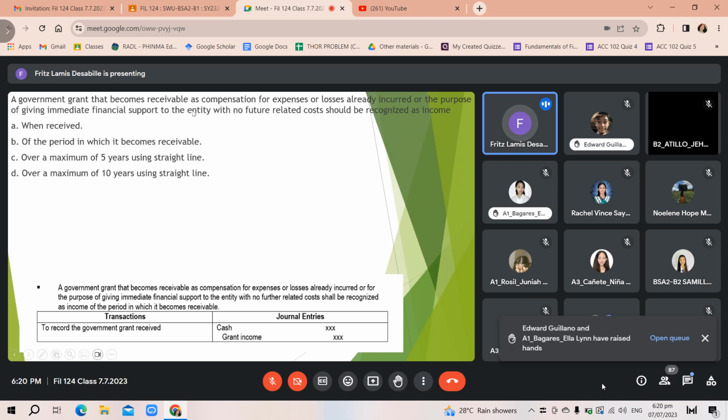So we have to recognize the grant income on the period in which it becomes receivable. That's letter B. Okay, so here is the journal entry. To record the government grant received, debit cash, credit grant income. We don't recognize deferred grant income because the condition has already been done. Wala na tayo obligation.